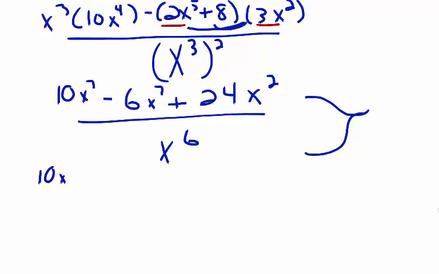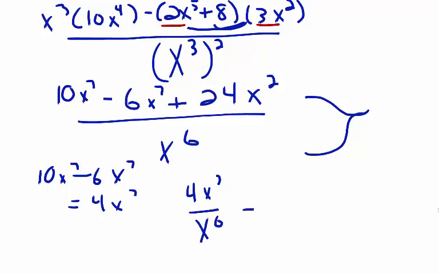10x to the seventh minus 6x to the seventh gives us 4x to the seventh. So I'm going to write 4x to the seventh divided by x to the sixth minus 24x squared over x to the sixth.